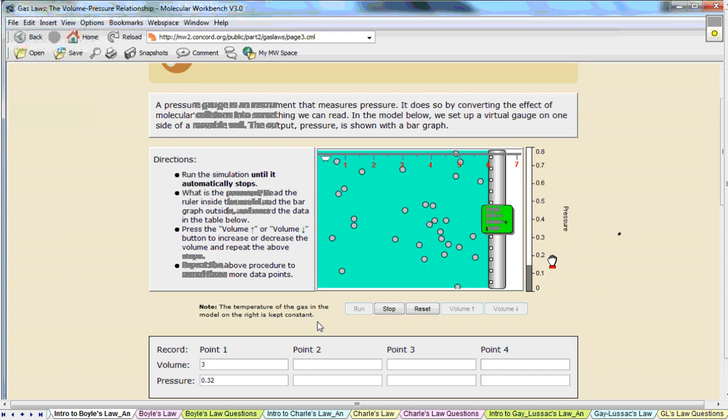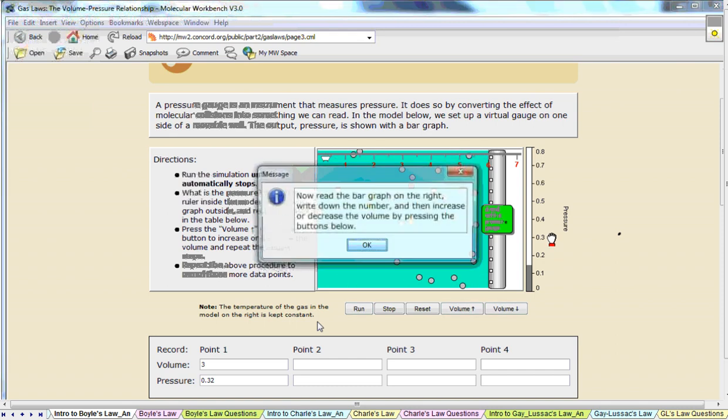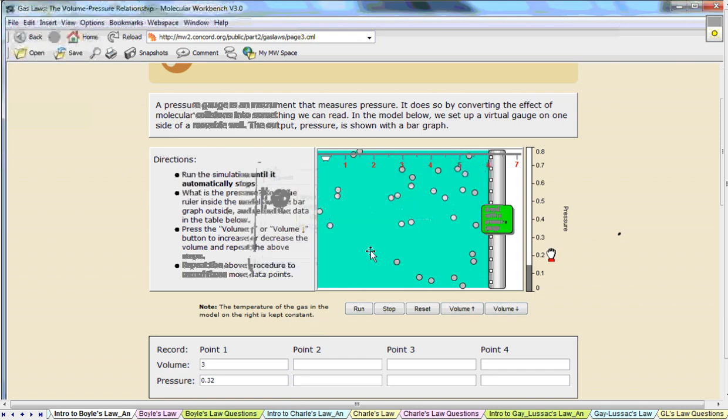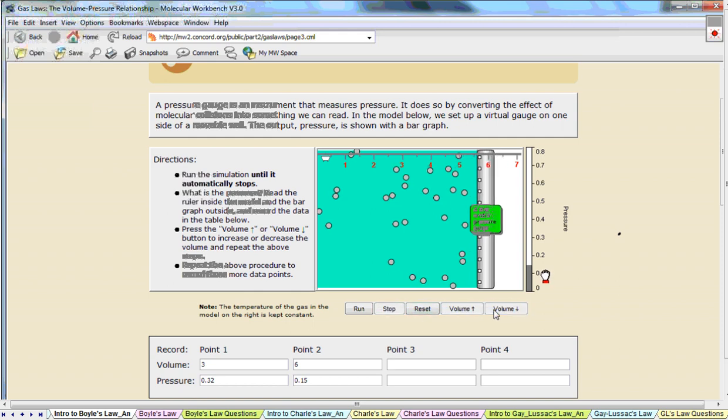We initially started with a pressure of 0.32, doubled the volume, and now our pressure has been halved to roughly 0.15, maybe 0.14.